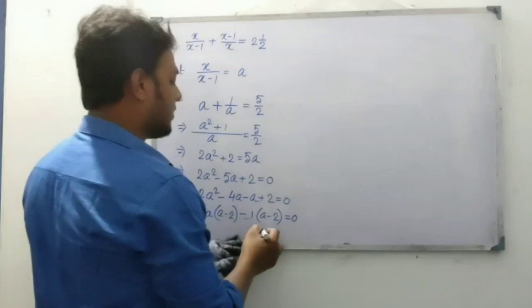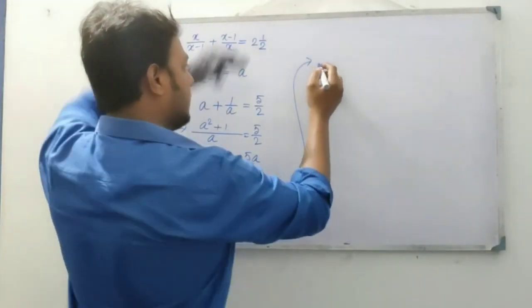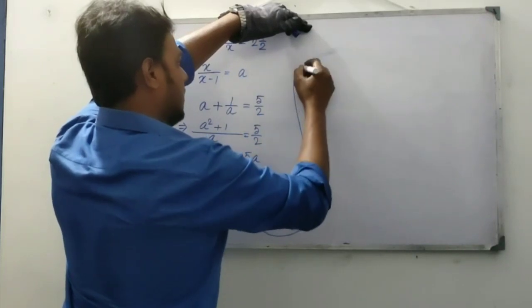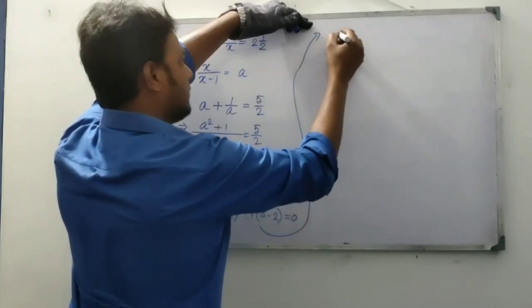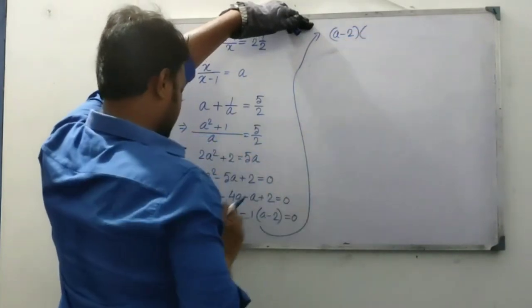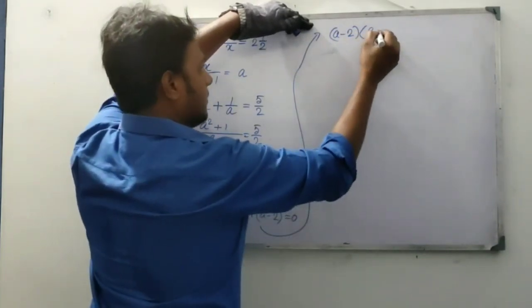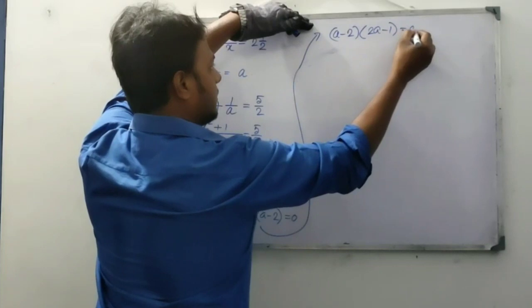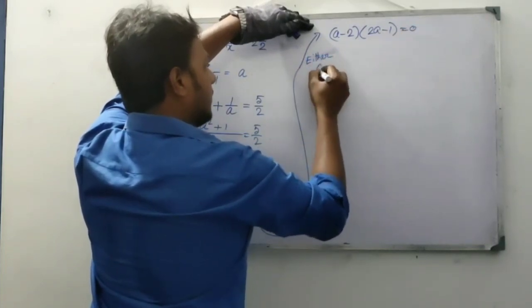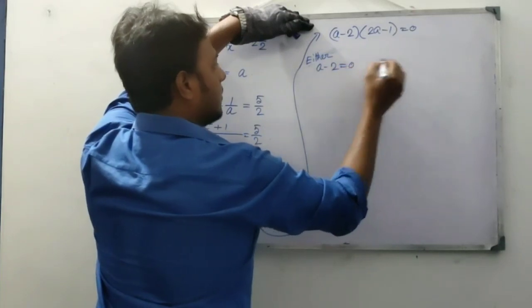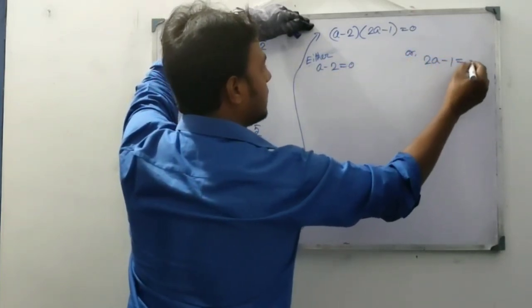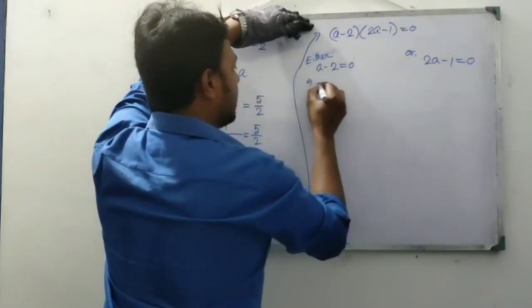So take common a minus 2, and the rest is 2a minus 1, equals 0. Either a minus 2 equals 0 or 2a minus 1 equals 0. This implies that a equals 2.